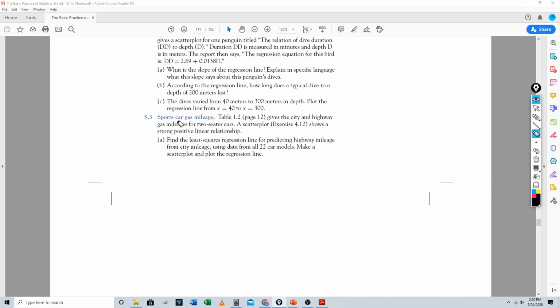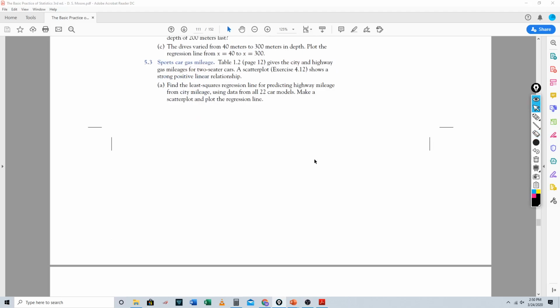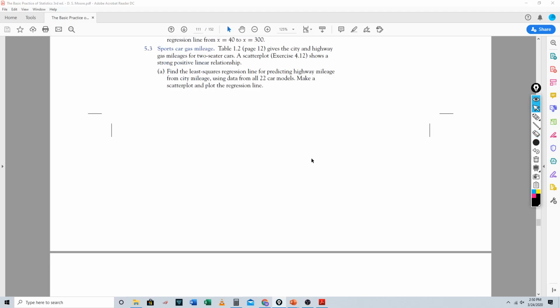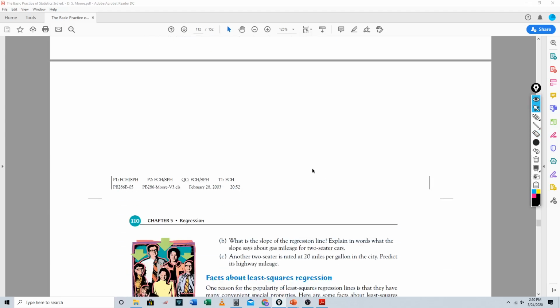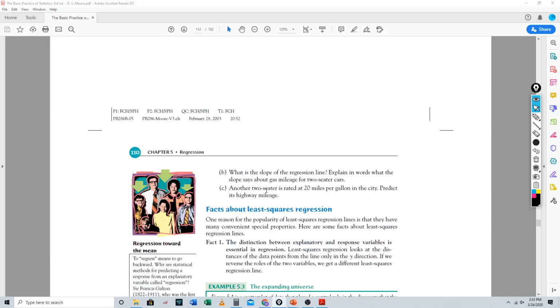All right. So sports car gas mileage, and table 1.2, page 12 gives us city and highway miles. A scatter plot shows a strong positive linear relationship. Find the least squares regression line for predicting the highway miles. So I'm going to have to go back to page 12 and then answer the questions.